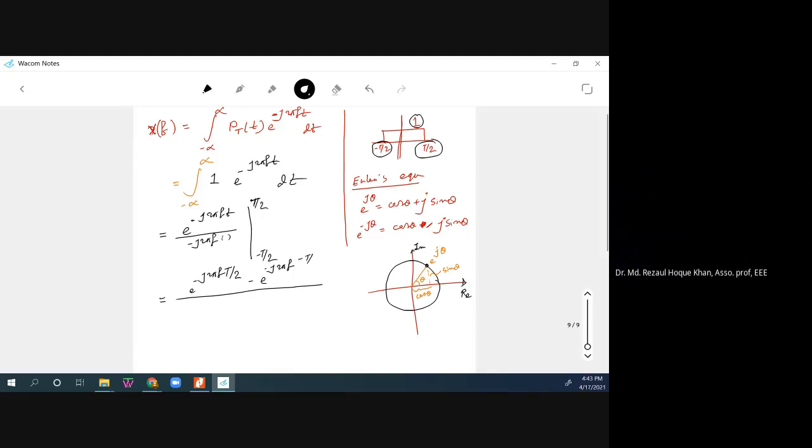We are replacing this limit. So minus minus plus, we can remove this minus. So j 2 pi f T by 2, and of course the j 2 pi f remains.